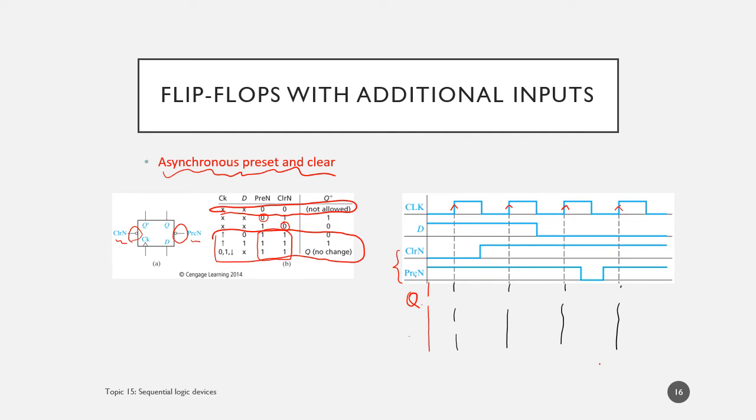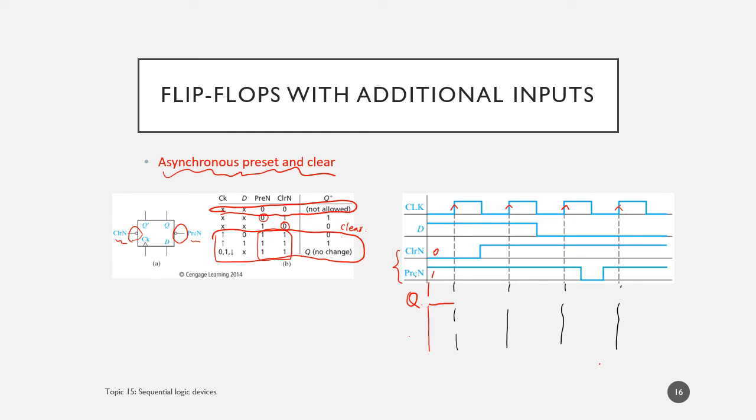So let's check. Initially, clear is 0, preset is 1. So this is the clear state. Maybe we don't call it reset because we have a reset here. So let's call it clear state, then Q has to be 0.